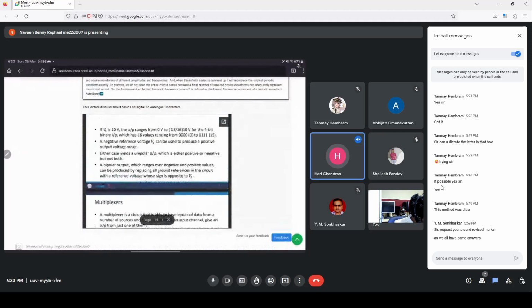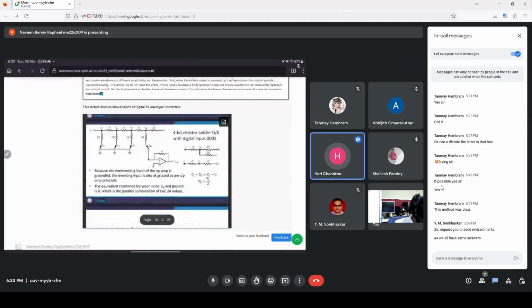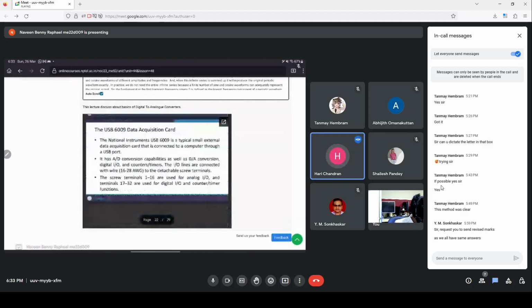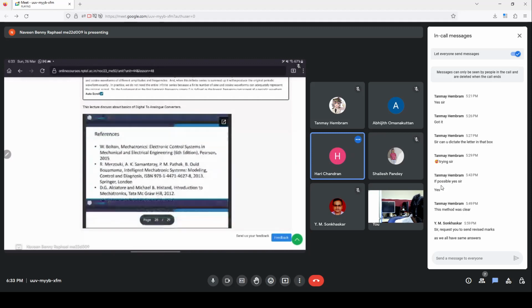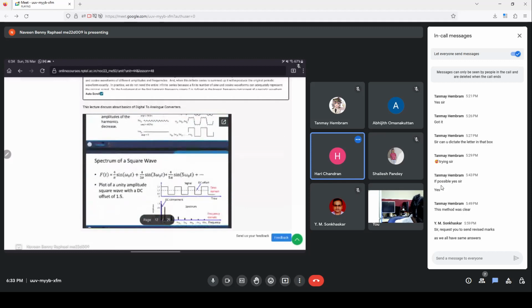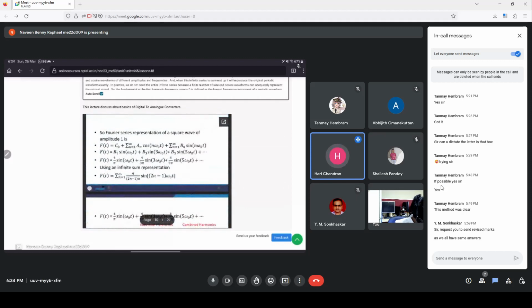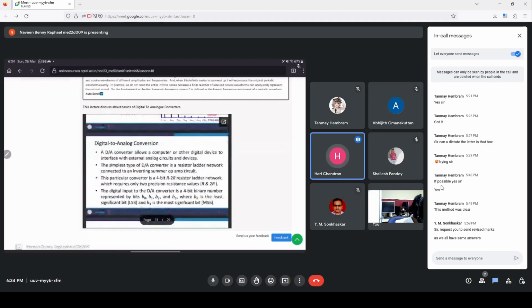There is a slide, one graph will be there, 0 to 10 volt, divided by 8. Yeah, here, somewhere down.